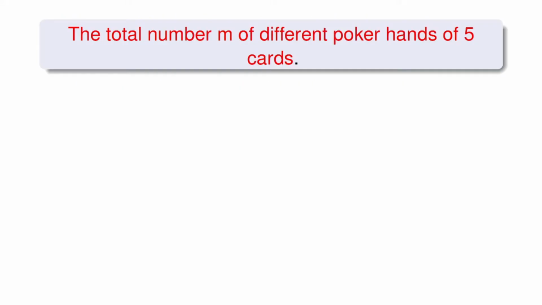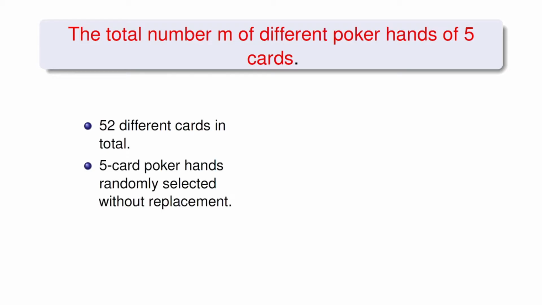Now, let's firstly talk about the total number M of different possible poker hands of 5 cards. How to find M? As we know, there are 52 different cards in total. We want to select a 5-card poker hand randomly, selected without replacement.